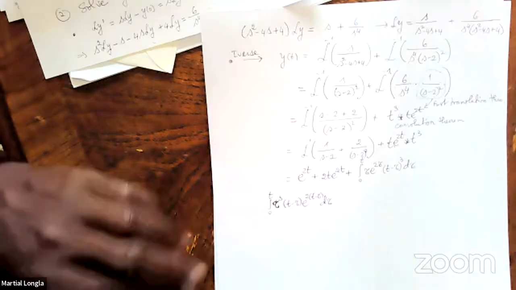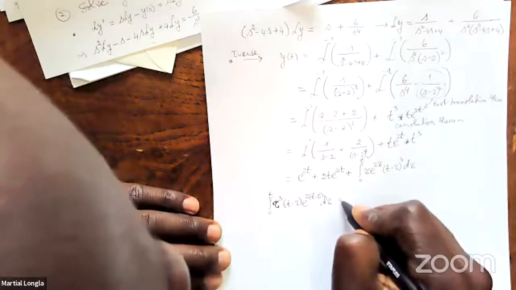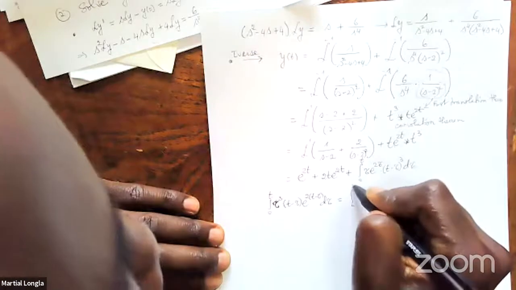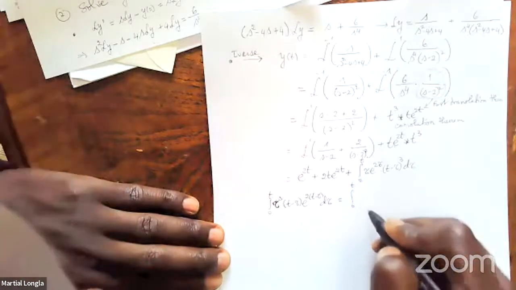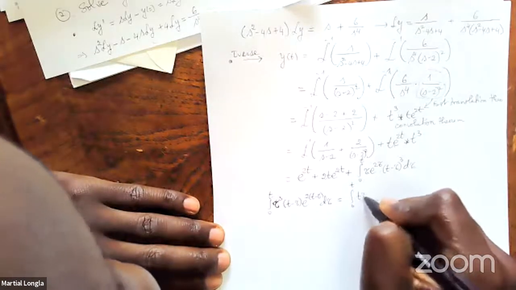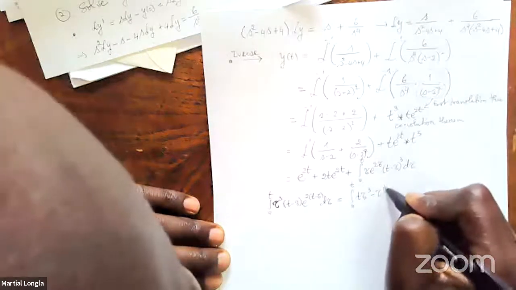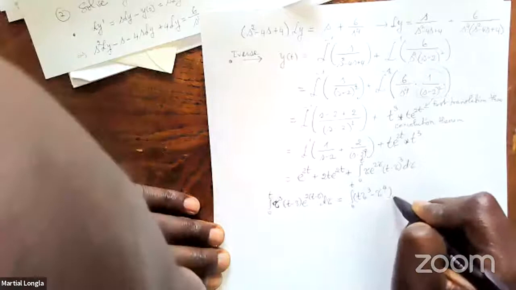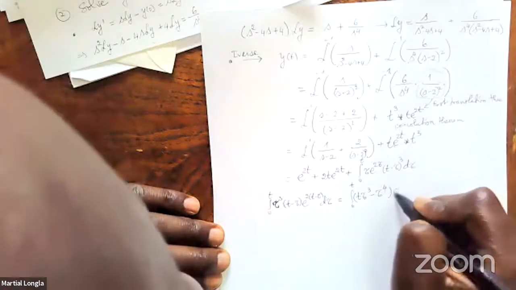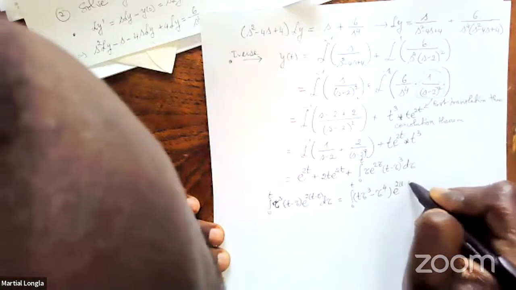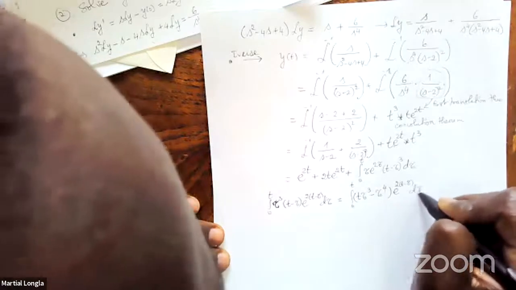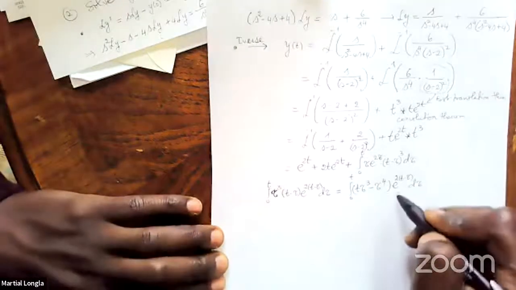And we are going to integrate this thing by parts. It's the integral from 0 to t of (t tau cubed minus tau to the fourth) e to the 2 times (t minus tau) d tau. And now we can go by parts.